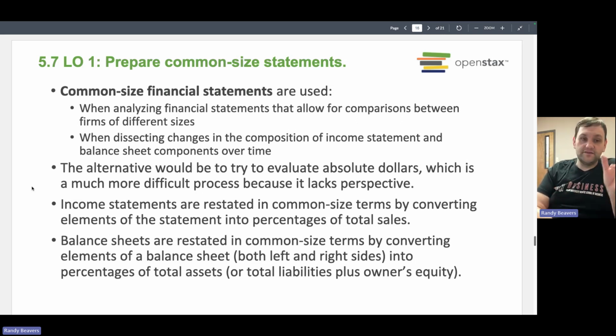That gives us a sense of how much each account, percentage-wise, is based off that total assets number. So why do we do this? Well, this can reveal how the company has evolved over time with regards to its profitability as well as its structure regarding assets, liabilities, and equity.